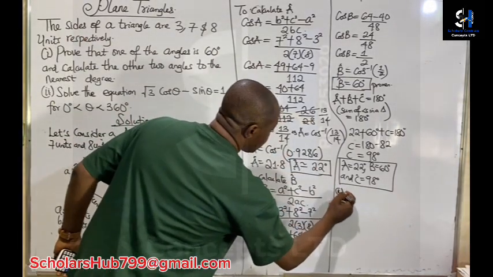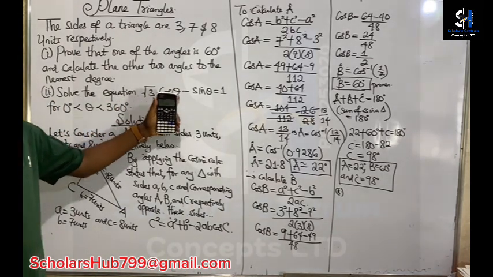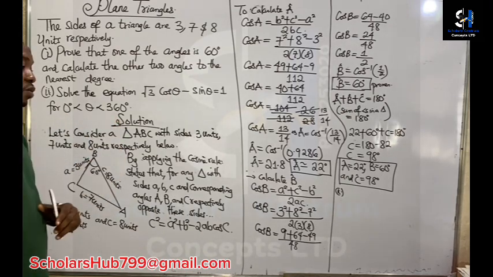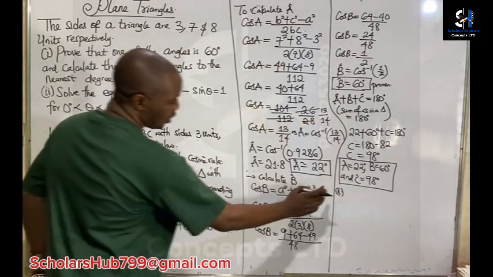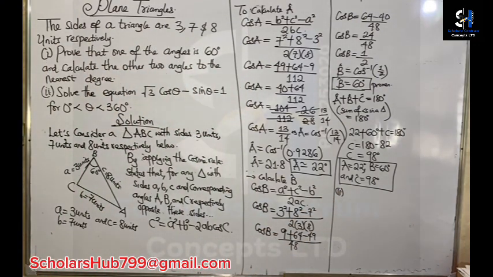Okay, so Roman numeral 2. Solve the equation radical 3 cos theta minus sin theta equals 1 for 0 degrees less than theta less than 360 degrees. So that means the value of theta will fall within 0 degrees and 360 degrees.